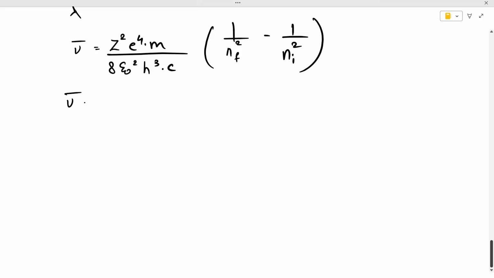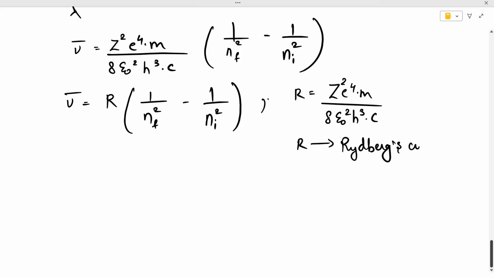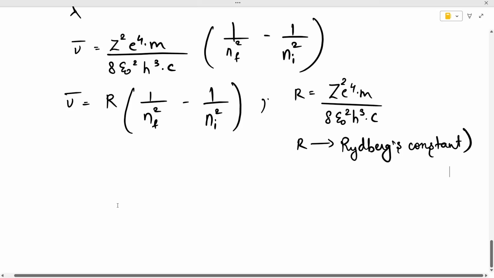So we can write this as nu bar is equal to R into 1 upon n f square minus 1 upon n i square, where R is equal to Z square e raised to 4 times m upon 8 epsilon naught square h cube c. This R is known as Rydberg's constant.